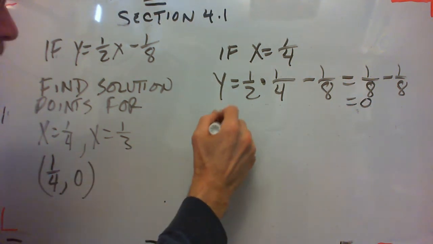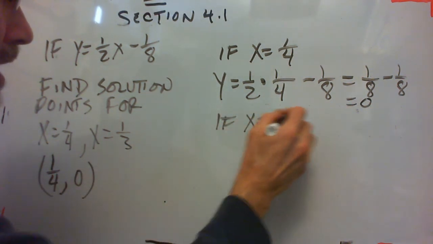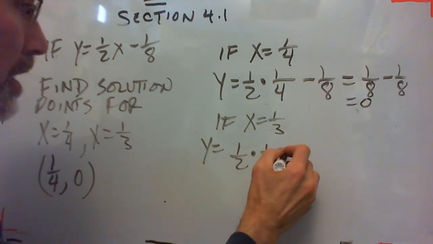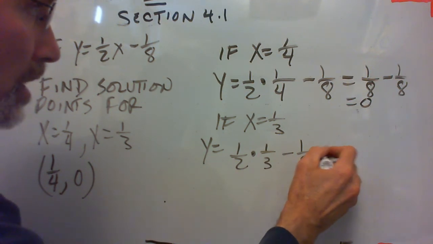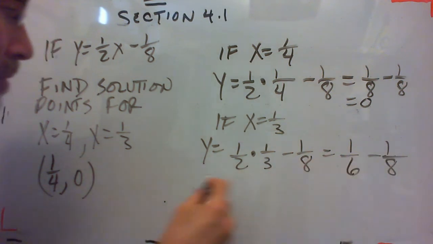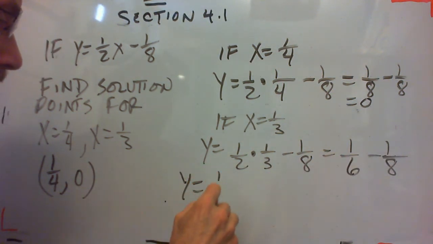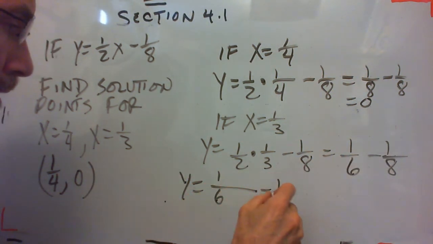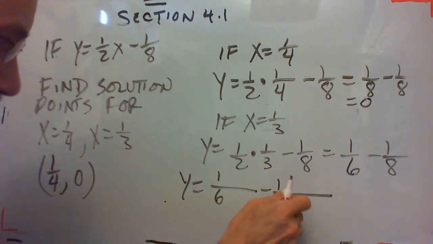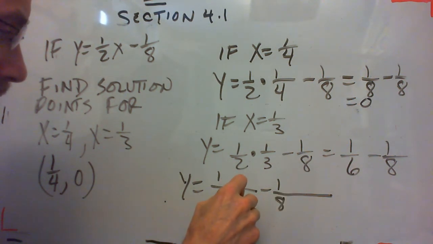Now the second one. If x is 1/3, y is 1/2 times 1/3 minus 1/8, which is 1/6 minus 1/8. And we need common denominators here. And the least common denominator is 24. 48 also works, but 24 is the smallest common denominator. So we'll use that one.